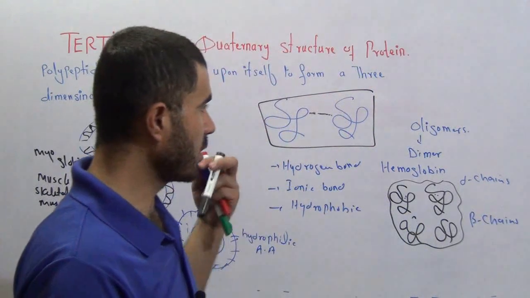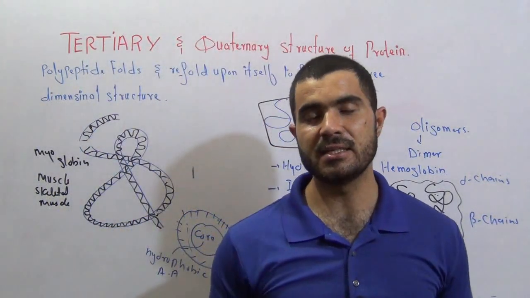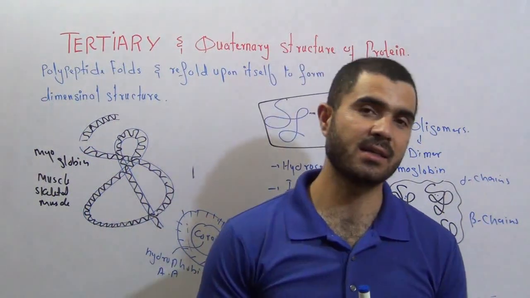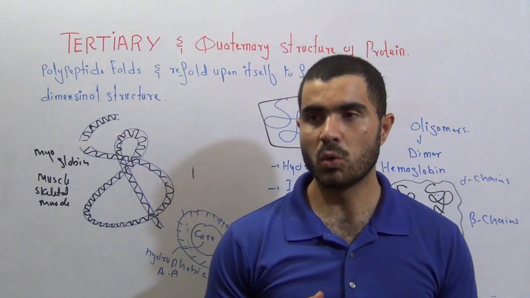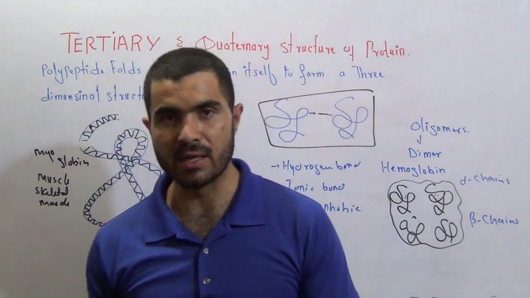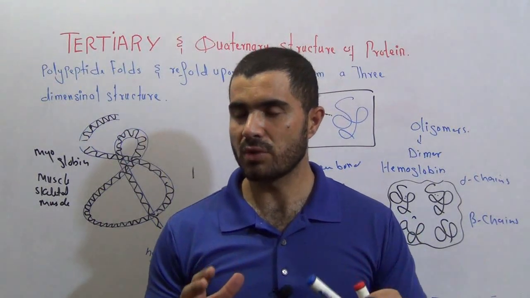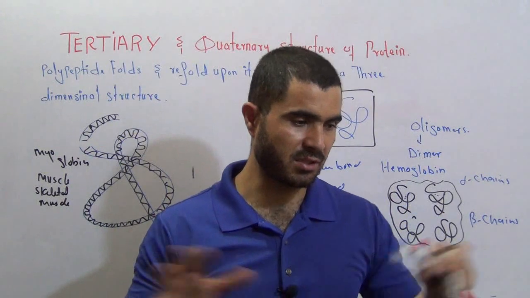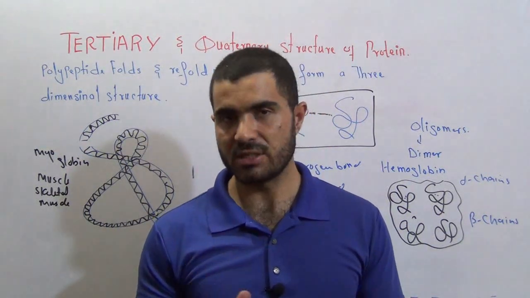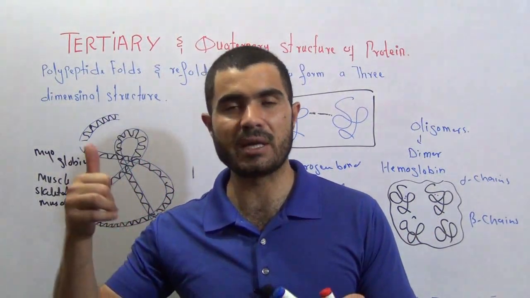So here we go. We got all the structures: primary, secondary, tertiary, super secondary, and finally quaternary structure. We discussed all. I hope that you enjoyed that video as well. If some students want a complete clear idea of all the structures of protein, I suggest that you search the first video on primary structure.